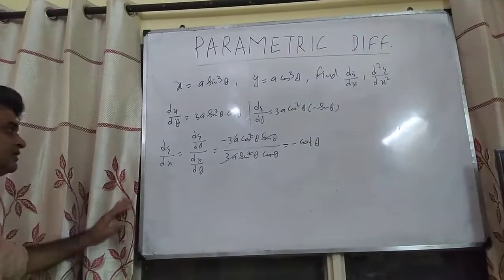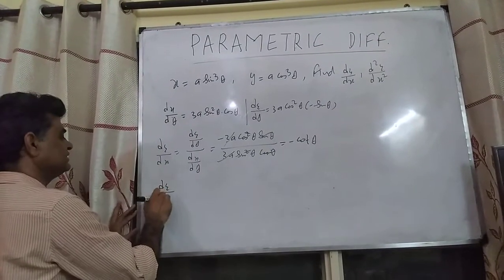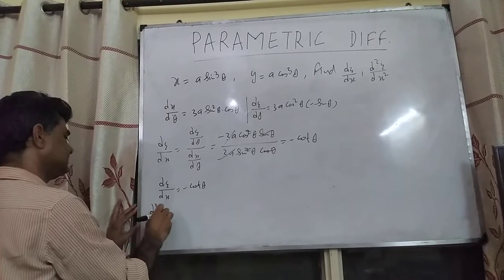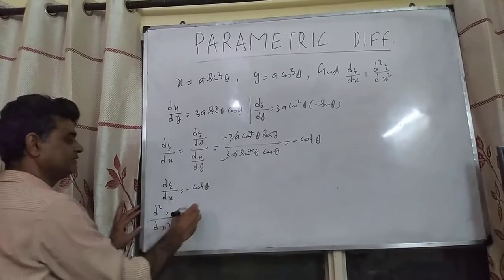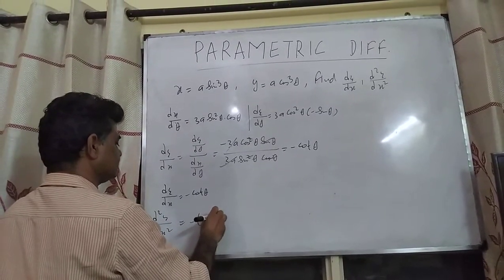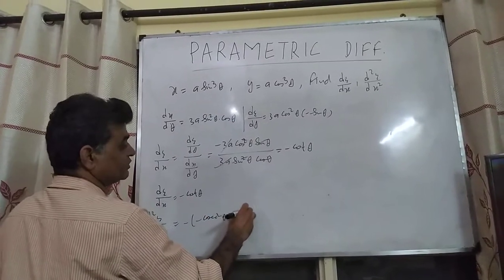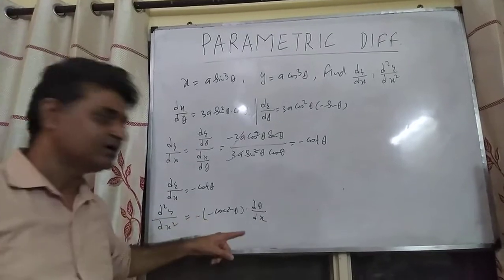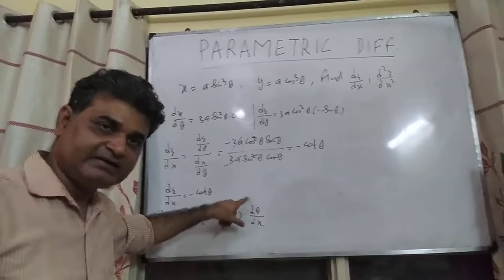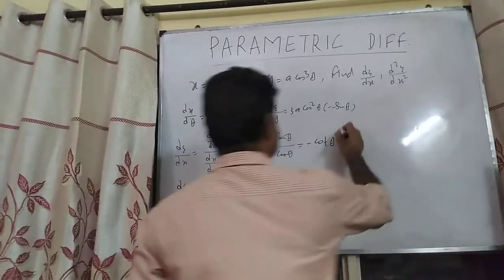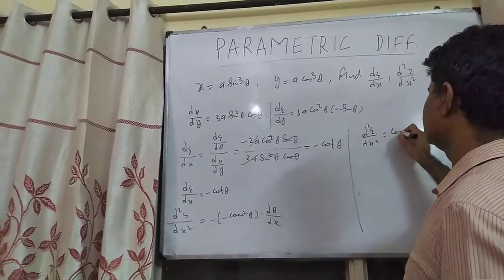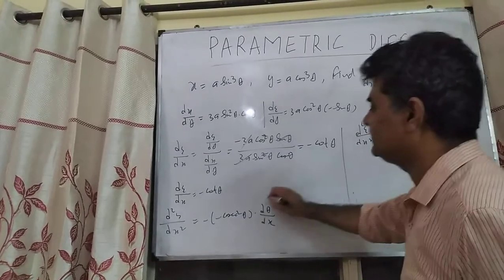Now, when we have dy by dx as minus cot theta, we can differentiate it again. Then it is minus of cosec square theta into d theta by dx. As I explained in the formula, this d theta by dx has to be there. So the double differentiation is cosec square theta and d theta by dx.